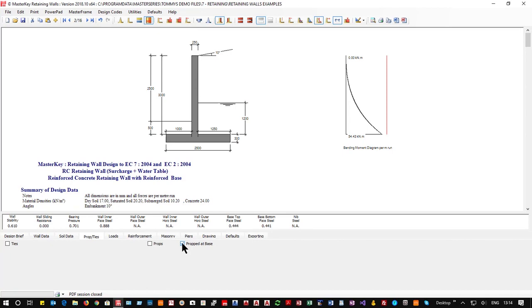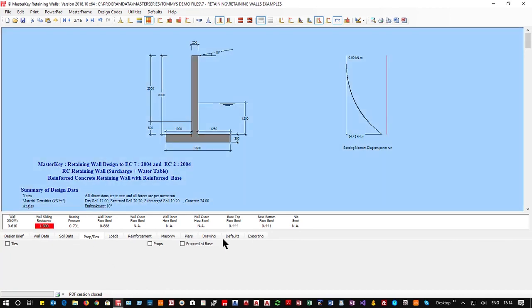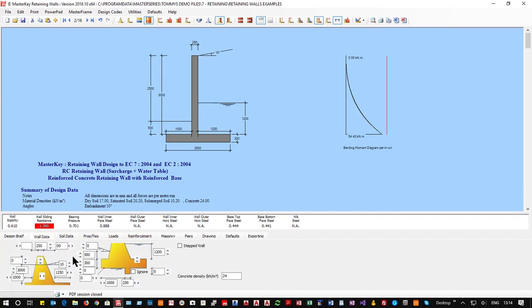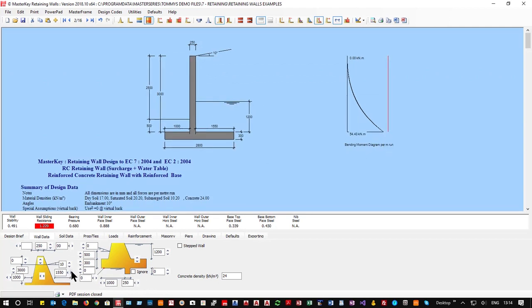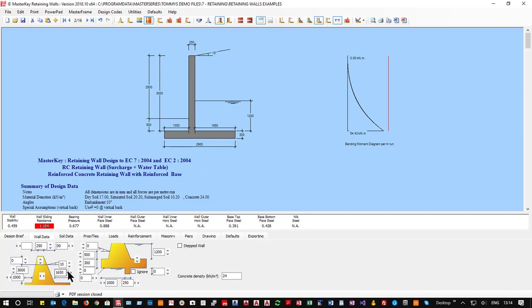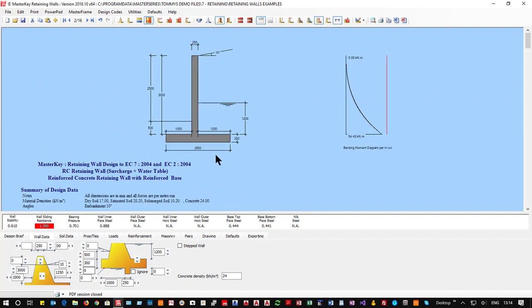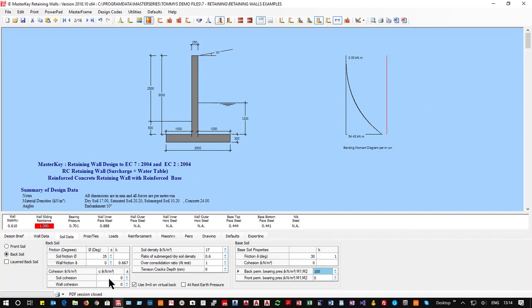If it's not going to get any props, then we have to think about getting more weight onto the base, and the only way to do that is to either elongate this as it comes down, but that's quite a long process, or if you know your soil has some form of cohesion, you could put in the base as having a friction and a cohesion.